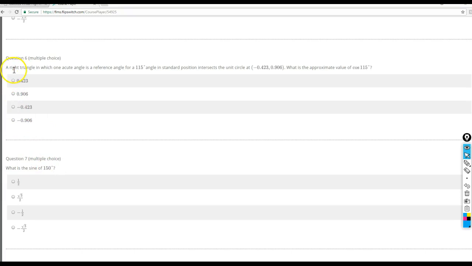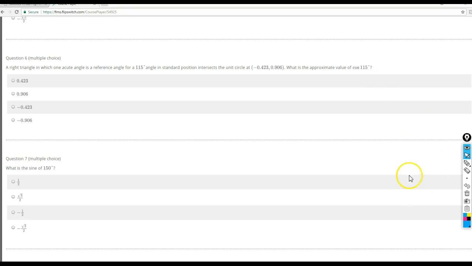Question 6. A right triangle in which one acute angle is a reference angle for 115 degrees. A 115 degree angle in standing position intersects the unit circle at coordinates negative 0.423 and 0.906. What is the approximate value of cosine of 115 degrees?